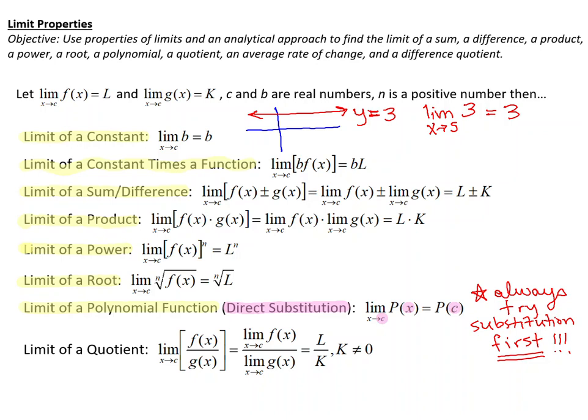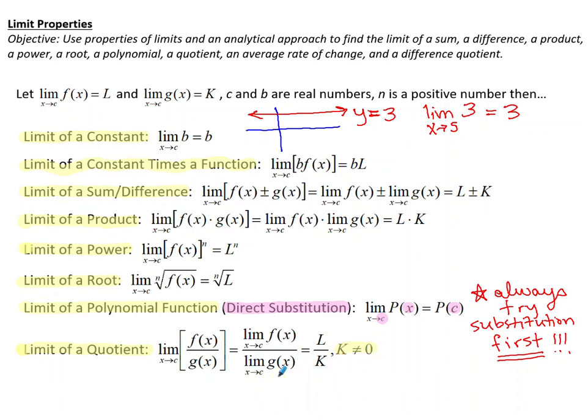We have a final property, the limit of a quotient. So similarly to the limit of a product, where when we're multiplying the two functions, we can split up their limits, we can also do that with the limit of a quotient. The limit of the functions divided, f of x by g of x, is equivalent to dividing the limit of f of x by the limit of g of x, as long as the denominator is not equal to 0, and that is an important piece to highlight.